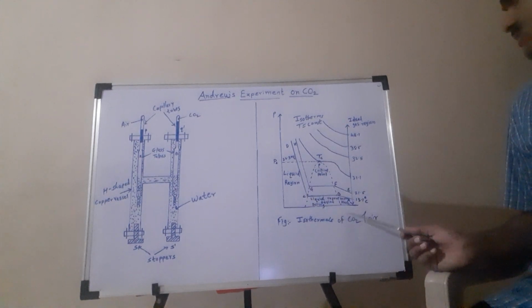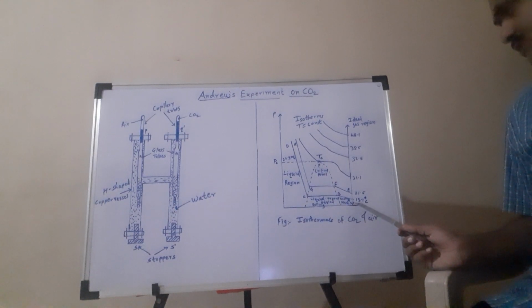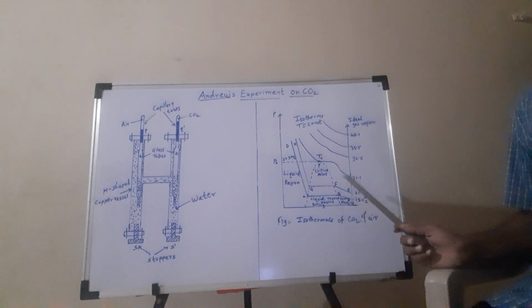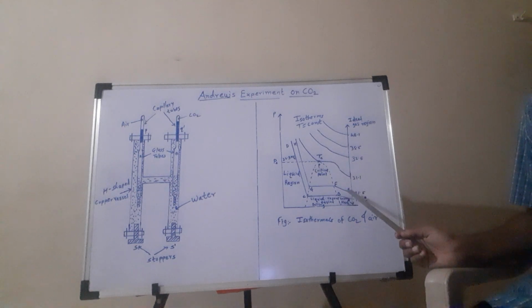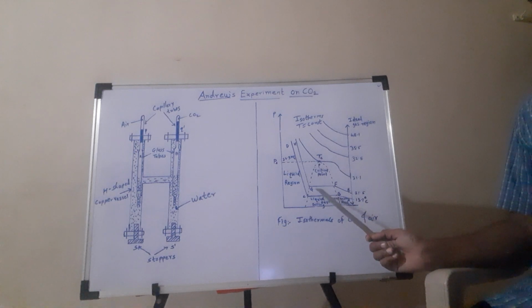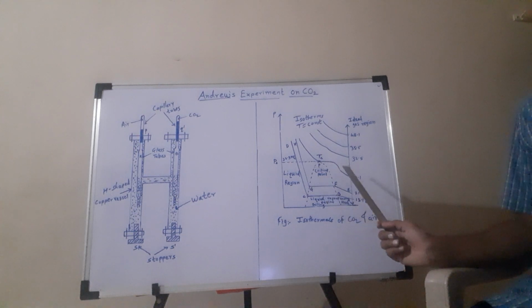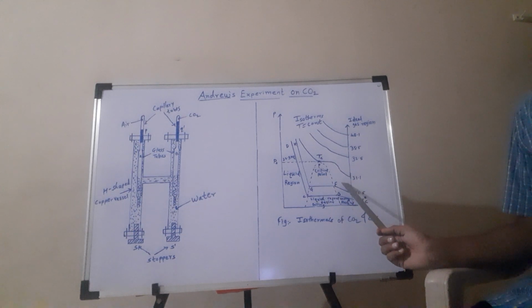This is for the 13.1 degrees Celsius isotherm, and at 21.5 degrees Celsius the curve is similar. The horizontal portion BC has decreased further to FG. At 31.1 degrees Celsius, the horizontal portion has just vanished.